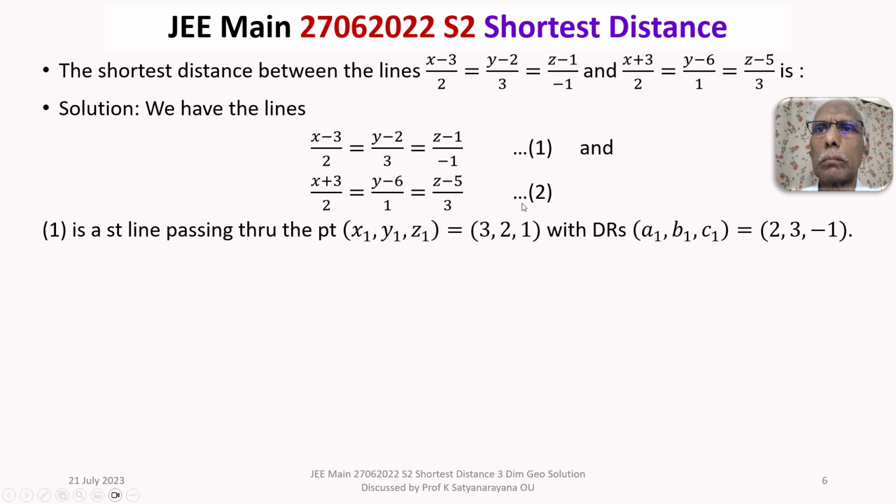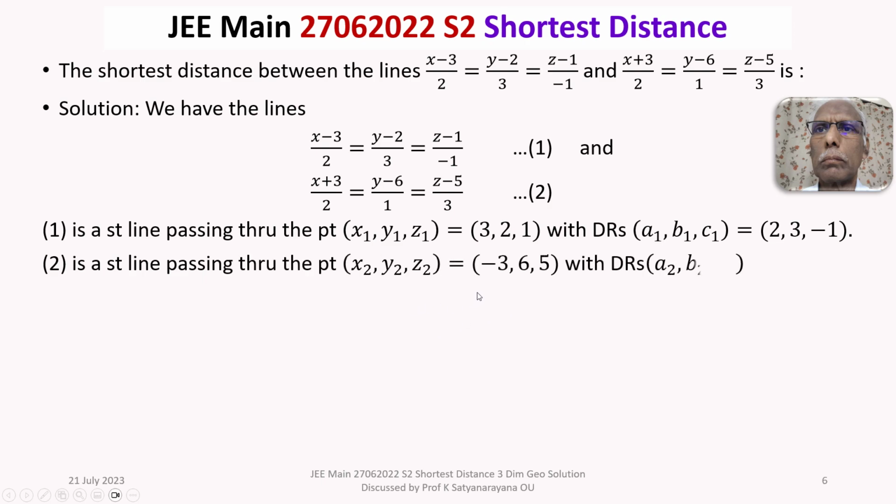Similarly, the second is a straight line passing through the point x2, y2, z2 given by minus 3, 6, 5 and with the direction ratios a2, b2, c2 equal to 2, 1, 3.